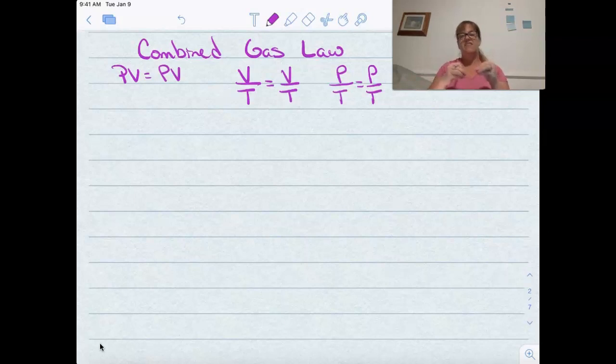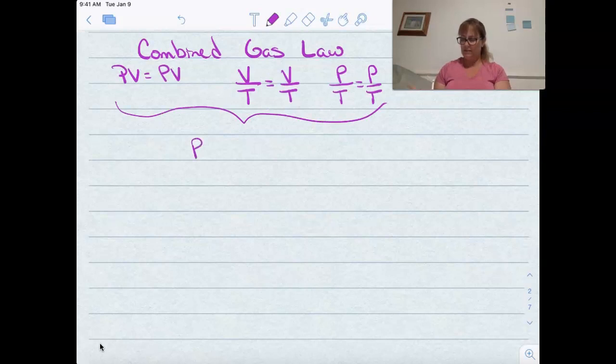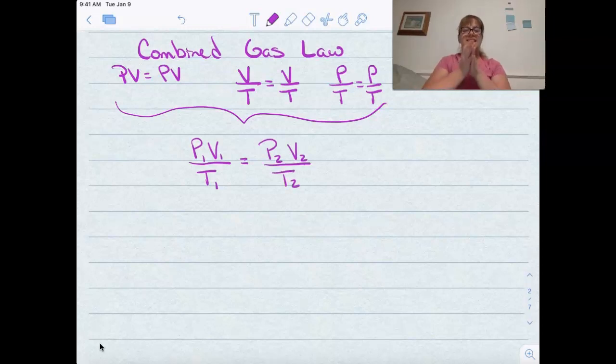Well, if I was more fancy with technology, I'd take all of these and just whoosh them all together. And when you do that, you get something that looks like this. P1V1 over T1 is equal to P2V2 over T2. This is the combined gas law.